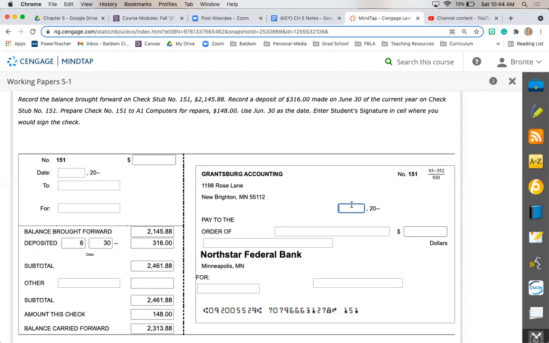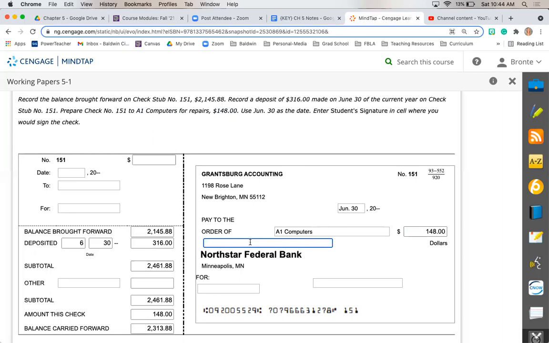So we're using June 30th. We are paying A1 Computers. The amount of the check is $148. This is called the legal line.